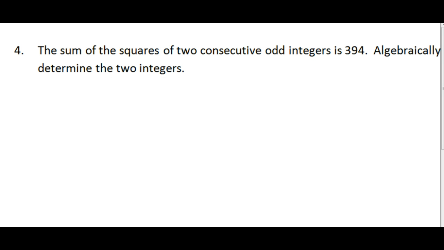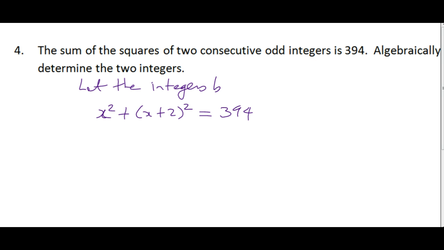The sum of the squares. I knew that was going to happen. It's just too thin of a line. Now at this point we should recognize that, hey, maybe we're going to get a set of positive numbers, like 9 and 11, and a set of negative numbers as well, because when I square a negative number, we get a positive value.